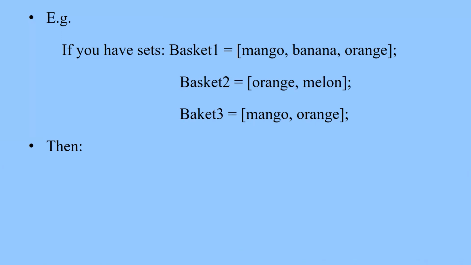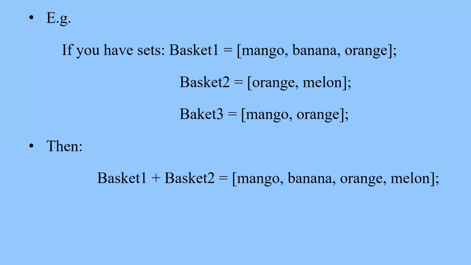But what are we doing with this statement? We are picking the elements called mango, banana, and orange, which belong to basket 1, and we are adding melon. So in other words, we are just adding.